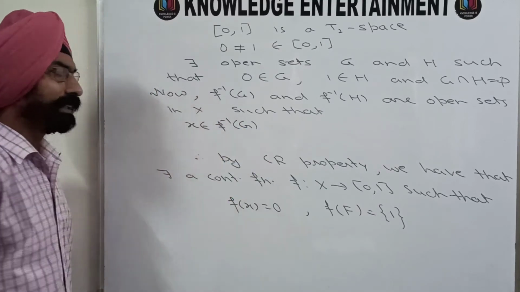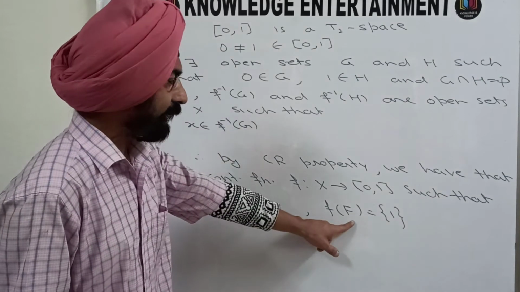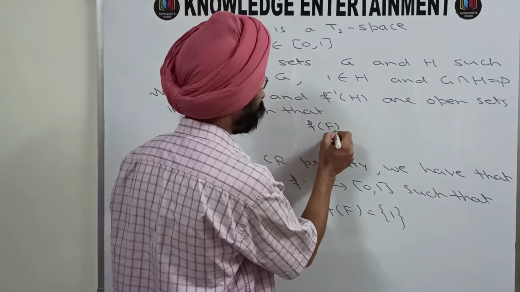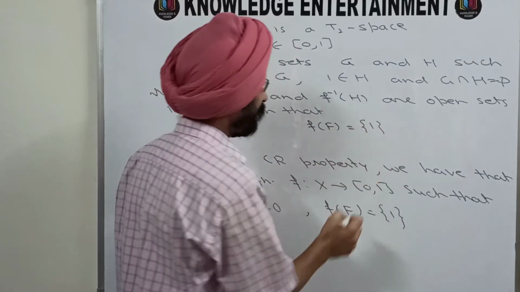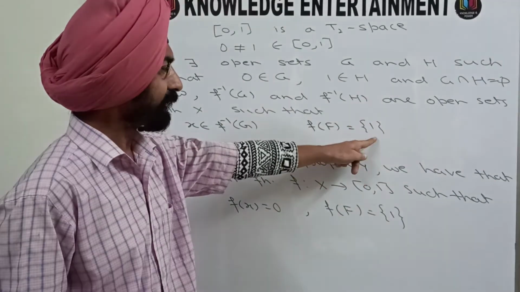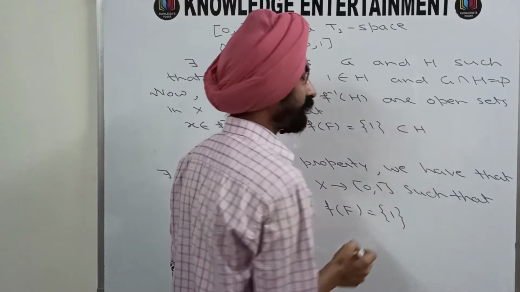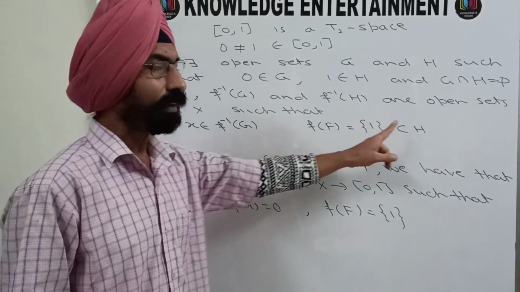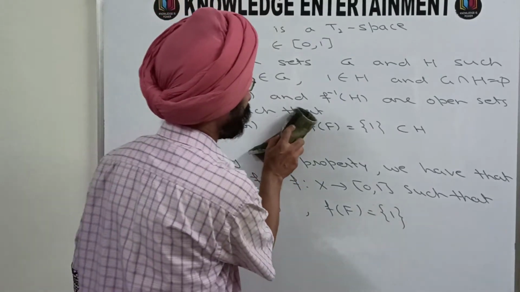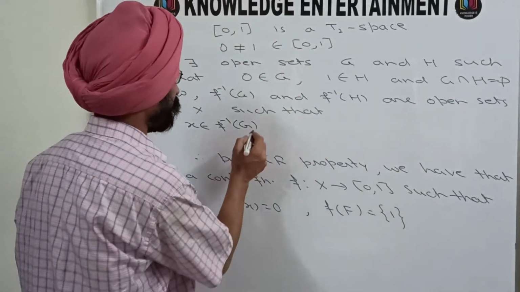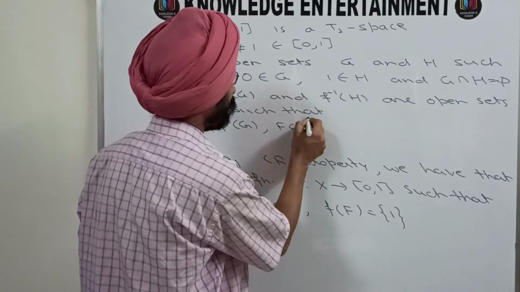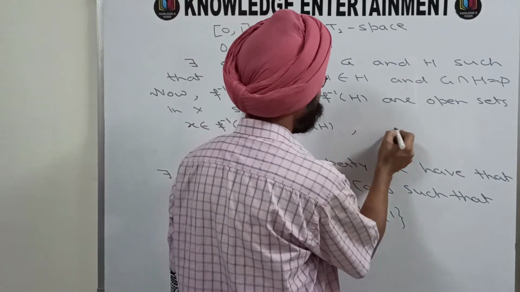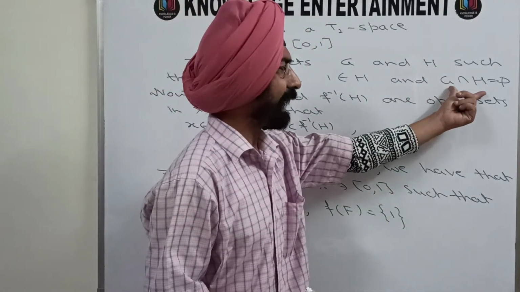Secondly, f of F is equal to 1. And since 1 belongs to H, this singleton set 1 is a subset of H. And f of F is a subset of H means F is a subset of f inverse H. So I am going to write it here again, that F is a subset of f inverse H. And one more thing, G and H are disjoint.